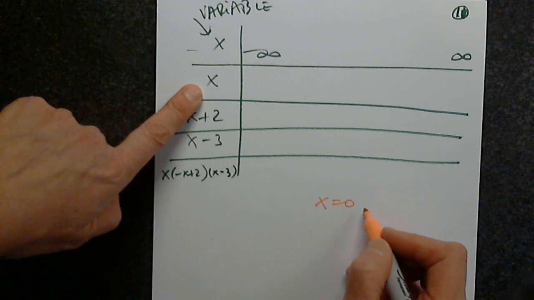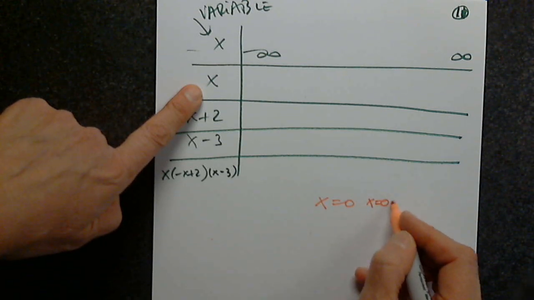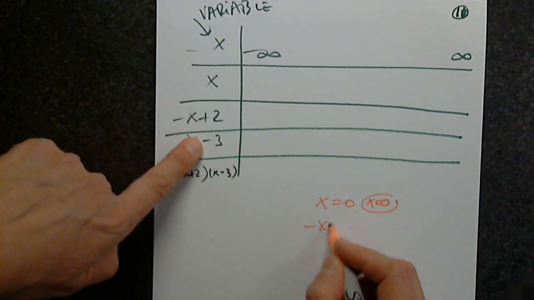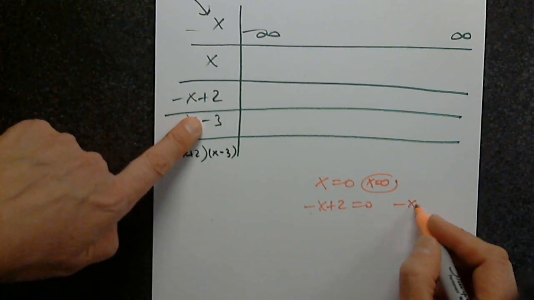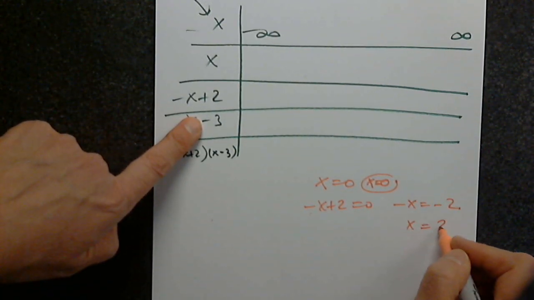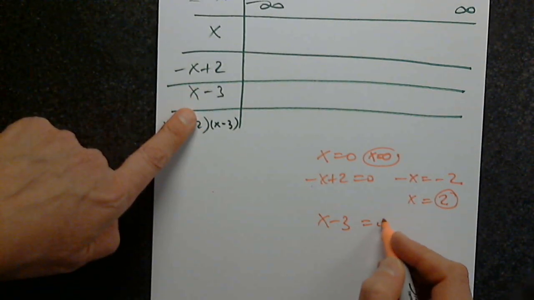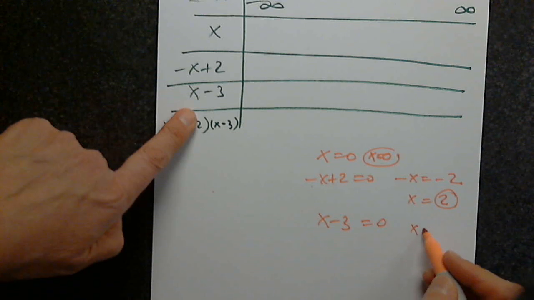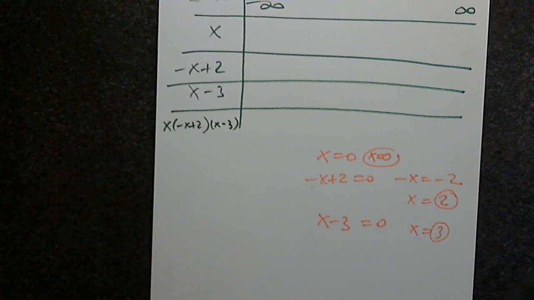For x equals 0, of course. Where is negative x plus 2 0? Negative x equals negative 2, x equals 2. Where is x minus 3 0? When x is 3. These are the only numbers I need in the table.